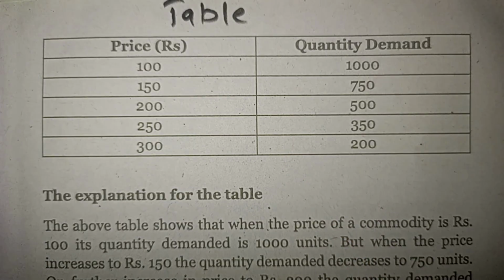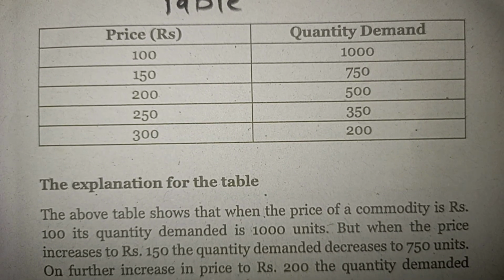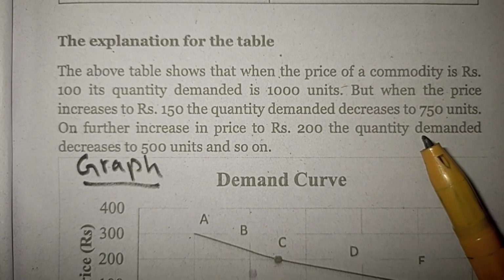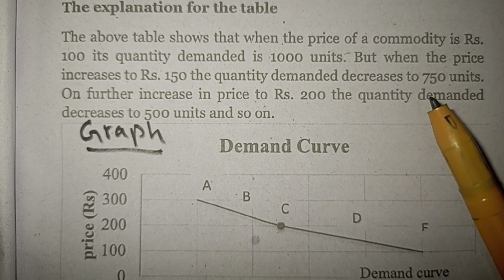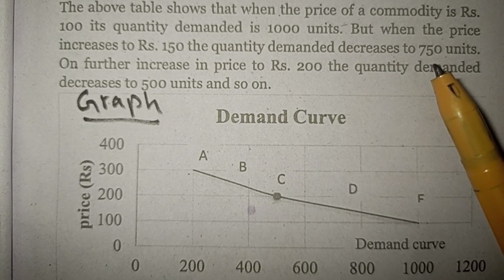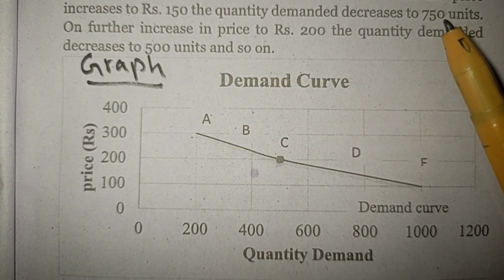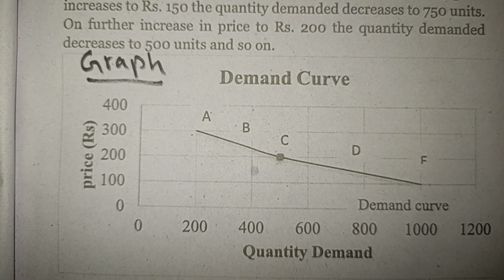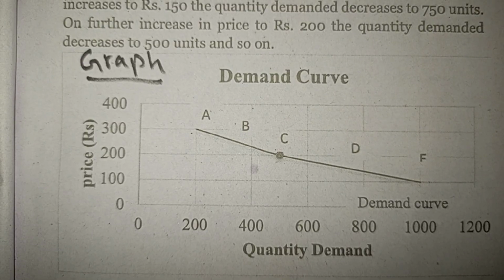Now here we have already made a graph for understanding demand. The graph shows this functional relationship of quantity demanded and price, and the changes in demand due to changes in price.